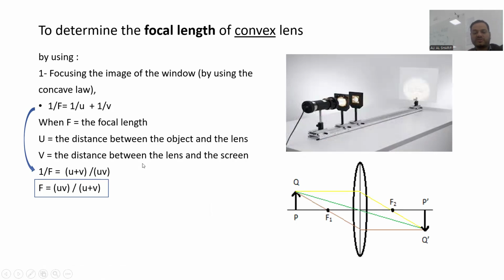Now, let's talk about this equation, it's important for calculating the focal length of any convex lens. The reciprocal of the focal length equals the reciprocal of the distance between the object and the lens plus the reciprocal of the distance between the screen and the lens.